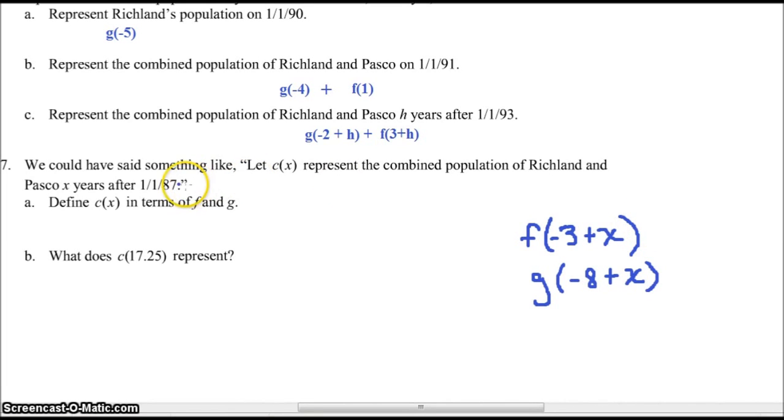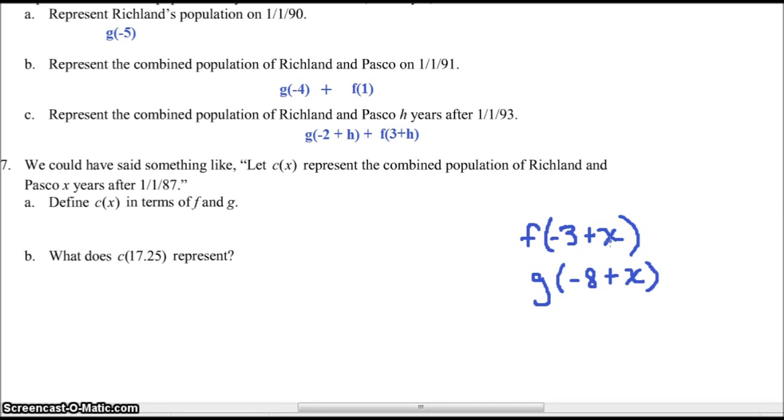If I want 1987 to be my new reference point, then that's going to alter my functions a bit, because I need, well, let's see what we need. Take a look at f. This is for Pasco. If I plug 0 in for x, that will give me the value of Pasco's population in 1987, f of negative 3.